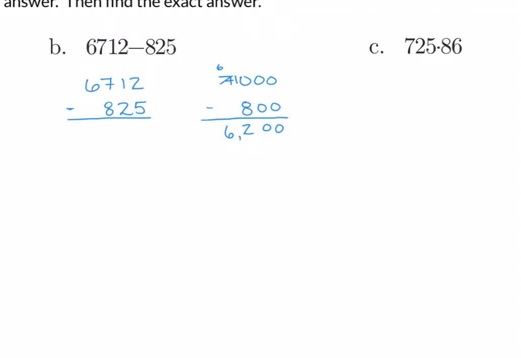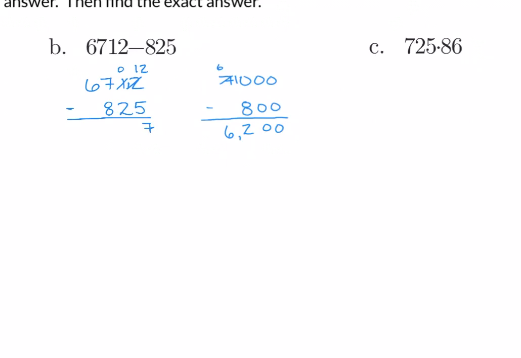All right, let's go ahead and look at the exact answer. So starting on the right, if we subtract, I cannot do 2 minus 5, so I need to borrow. I'm going to go ahead and borrow from the 1, make it a 0, and make my 2 into a 12. 12 minus 5 is 7.